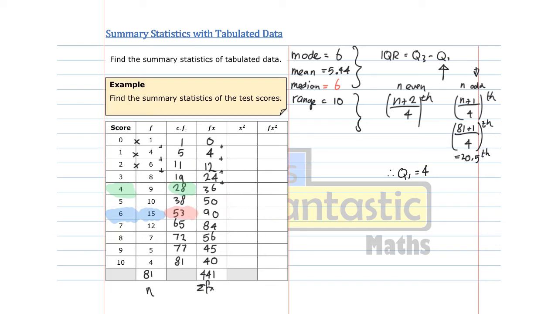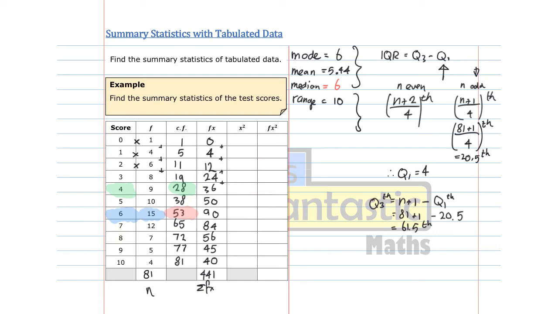Now to find my Q3, I use the rule n plus 1 minus the Q1th number, which is 81 plus 1 minus 20.5, which is 61.5. So we're looking for the 61.5th number in our CF column.